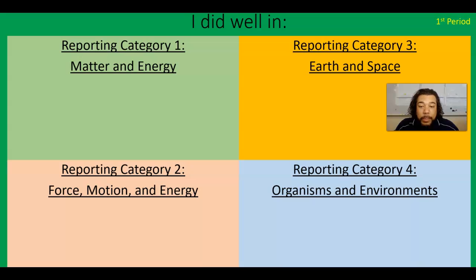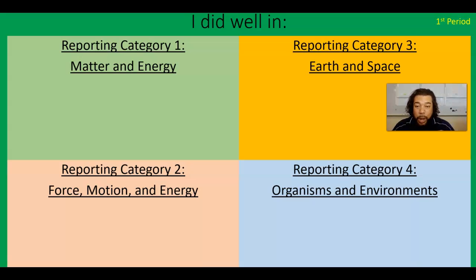If the process seems a little overwhelming, potentially you don't use it with everybody. Maybe you start with your bubble kids, the kids that are on the verge of moving from meets to masters or approaches to meets, just so that they can see where they're at. Maybe you're not doing all 150 kids. Maybe you're working with 20 kids.